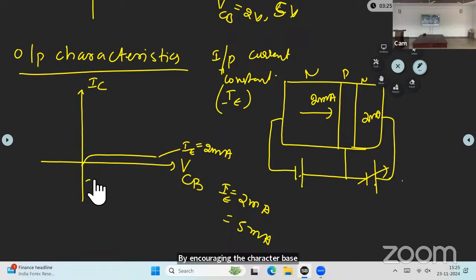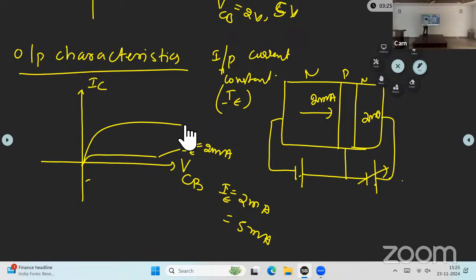Now the curve for IE equal to 5 milliamps.